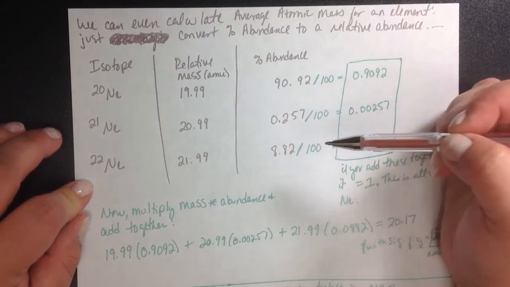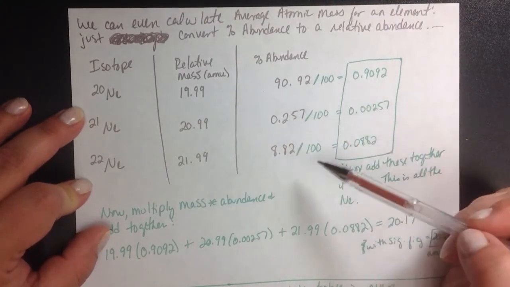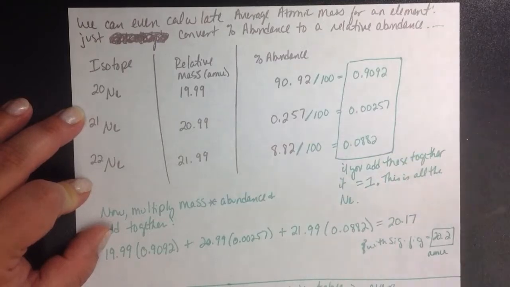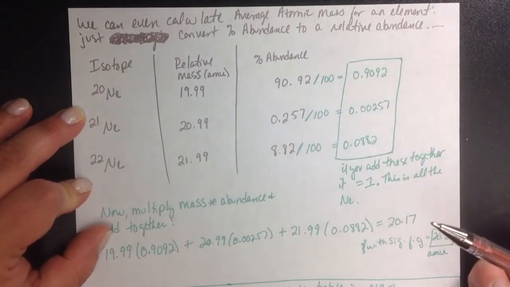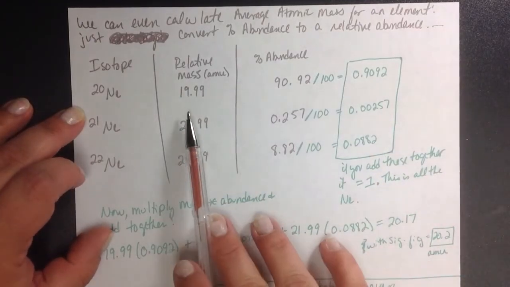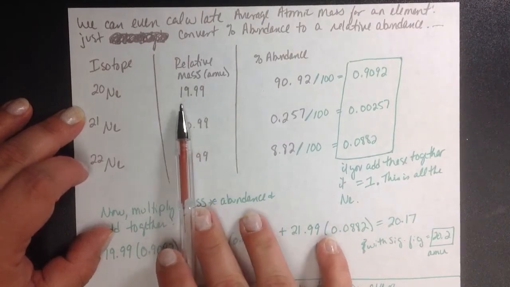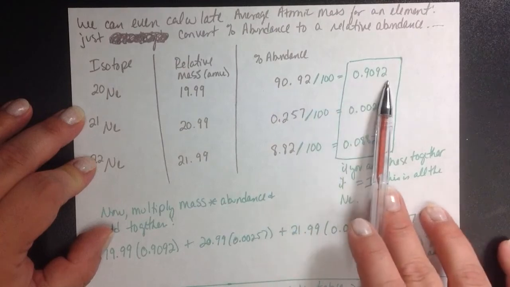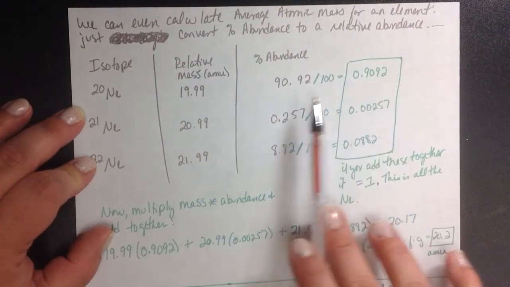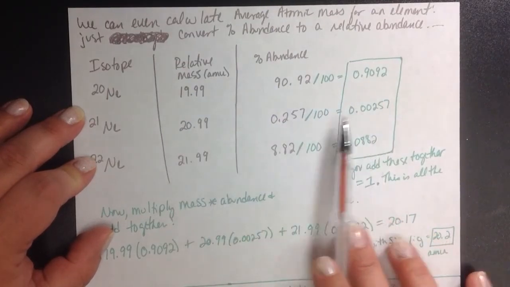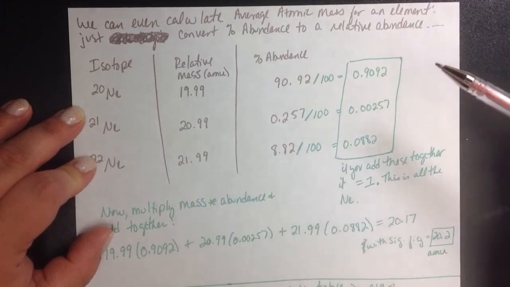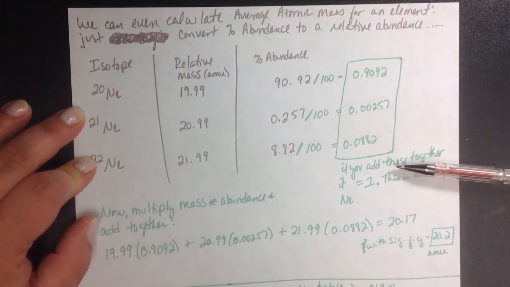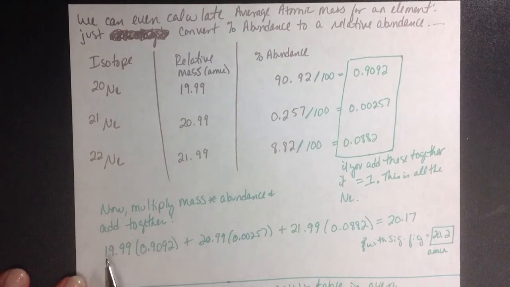So all we have to do is divide each of these by 100 to give a relative of one universe rather than 100%, okay? And multiply it by this value. So 19.99 times 90.92 divided by 100 is going to give us a value. We do the same thing here and the same thing here. And then you average that together, or another way to look at it is right here.